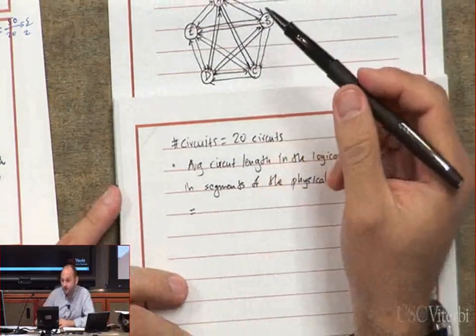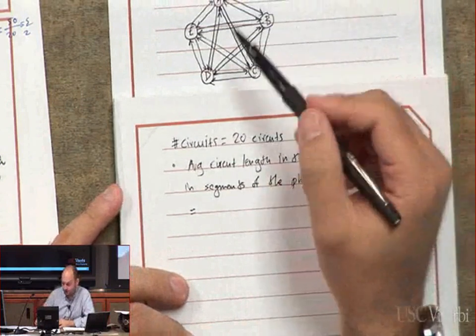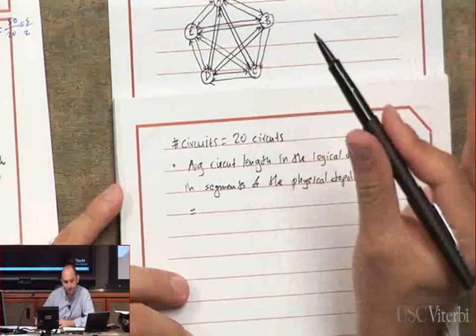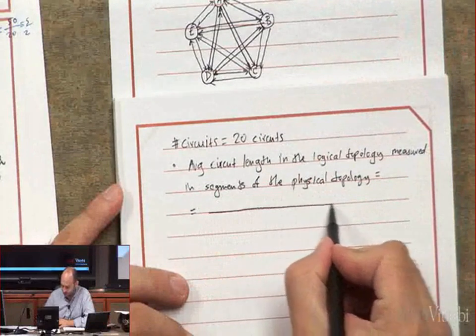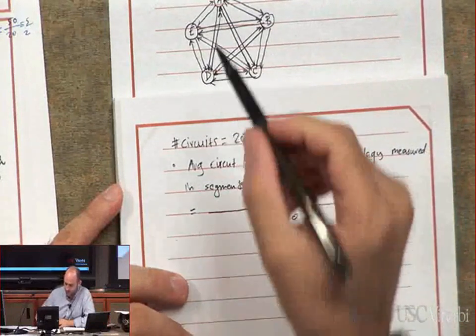I would do the easy way, which is just count everything and divide by 20. I have 20 circuits. Let's see what the length of each one of those is.